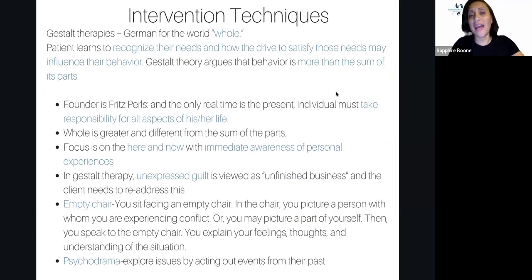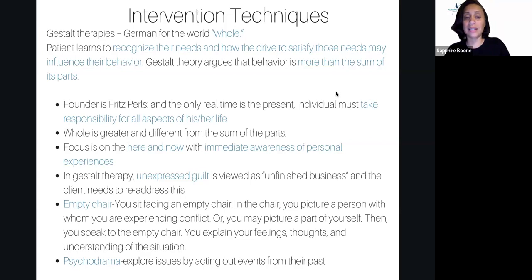Some other things that were on my hot topic are Gestalt and narrative approach. When you see some of these therapeutic approaches, I want you to make sure that you are reviewing some of the terms. You have a therapeutic approach, and then you have techniques or skills that the social worker is using with that therapeutic approach.